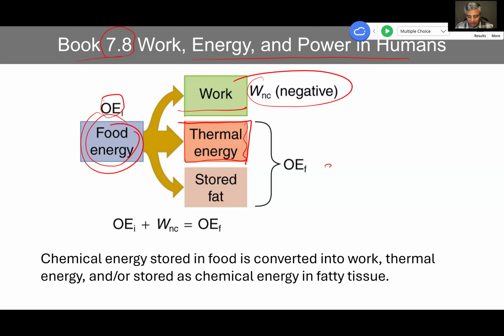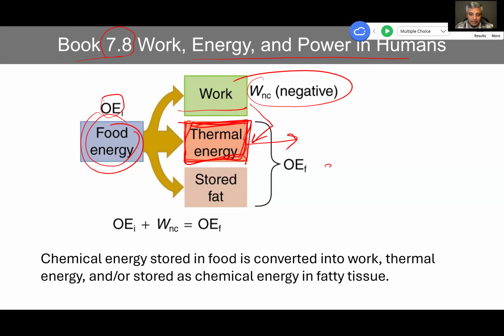And if you eat more than what's needed for this, so yes, this one is the minimum you need. The thermal energy is the minimum you need. That means if you are, let's say, sleeping all day, not moving around, not lifting anything, not running, not doing anything, that's all the energy you need to keep your weight constant.